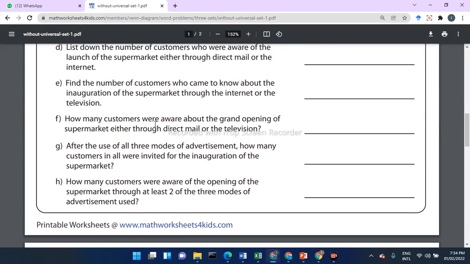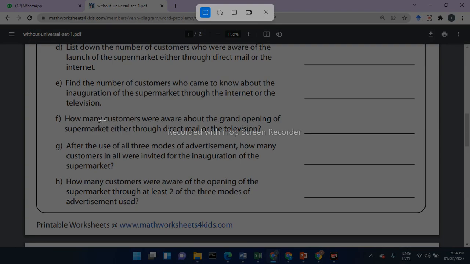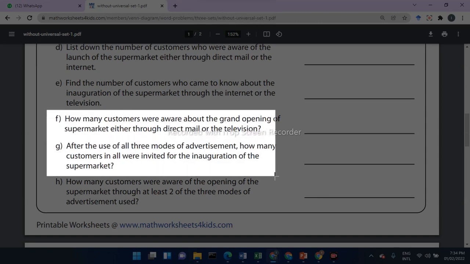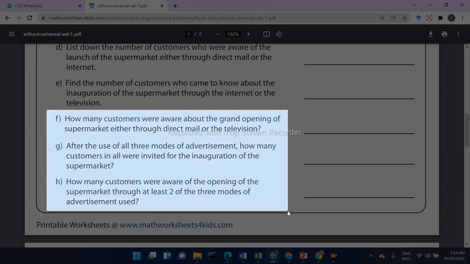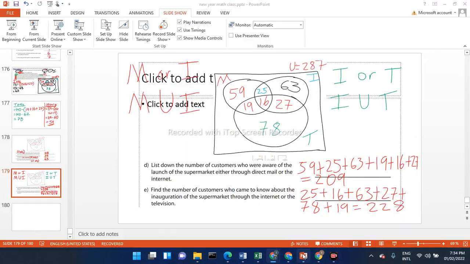What's the next question? How many customers were aware of the grand opening through direct mail or television? So that's basically what we did again.